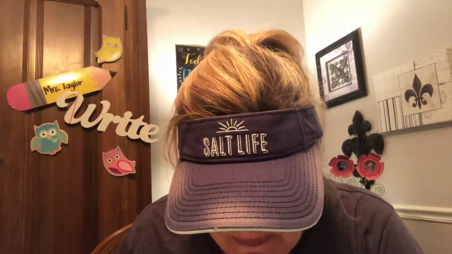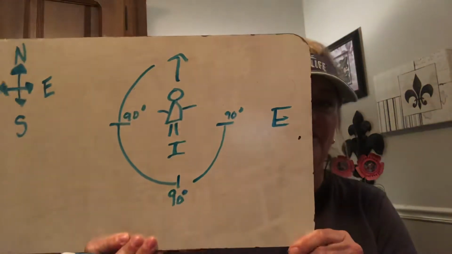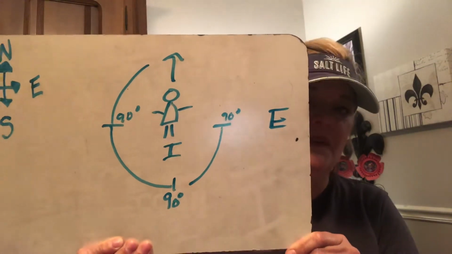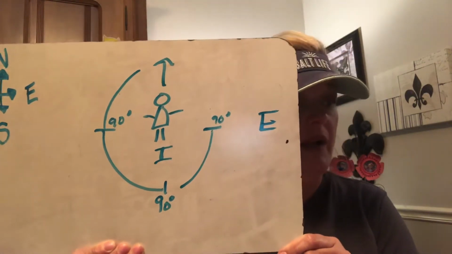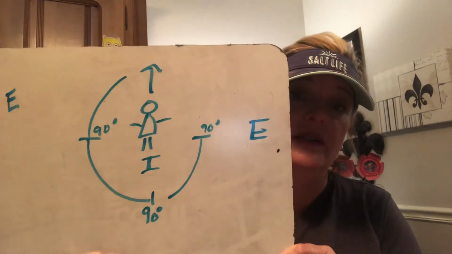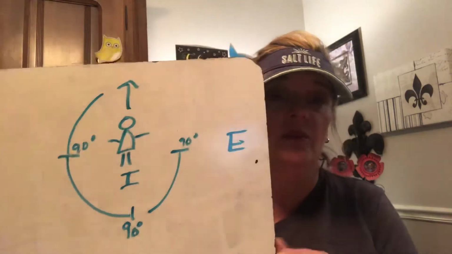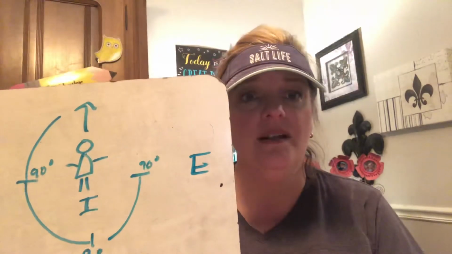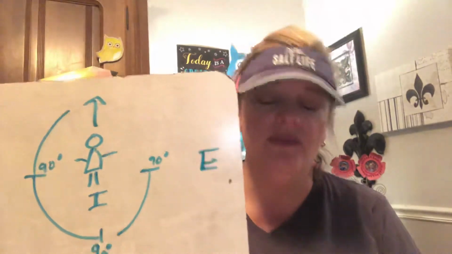Which direction is she facing? Boom. East. Went counterclockwise, 270 degrees, and she's facing east. Maria goes 90 degrees clockwise, and she's facing east as well. Pretty cool, okay? I think you're gonna like this part of it, okay?